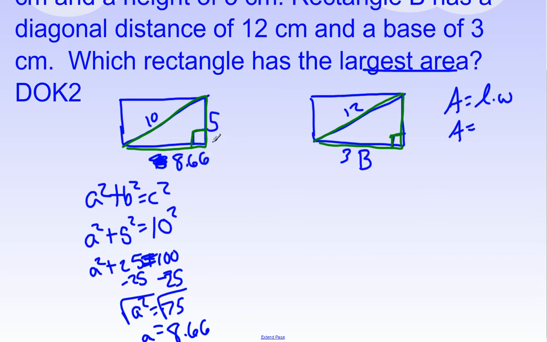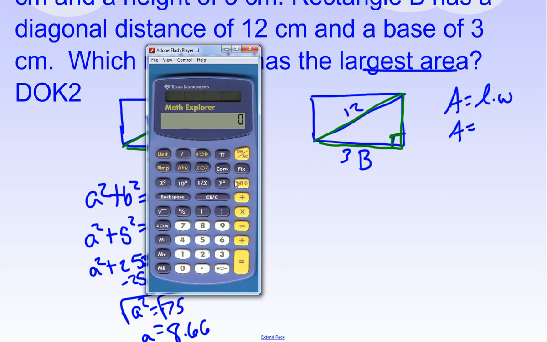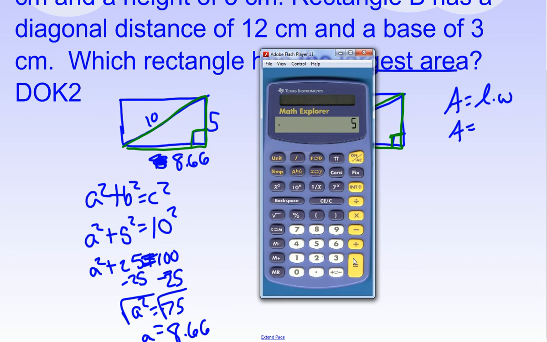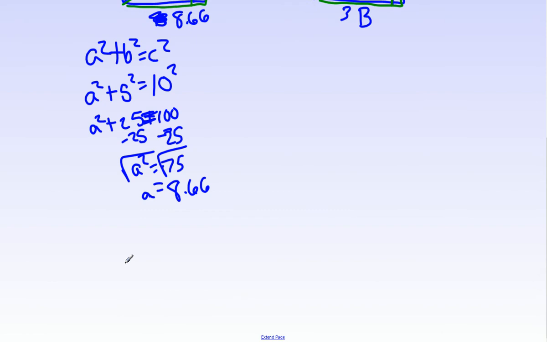I now have enough information to find the area of rectangle A. The area of rectangle A would be this 8.66 times 5, which equals 43.3.